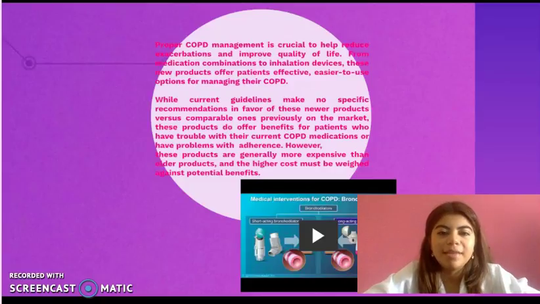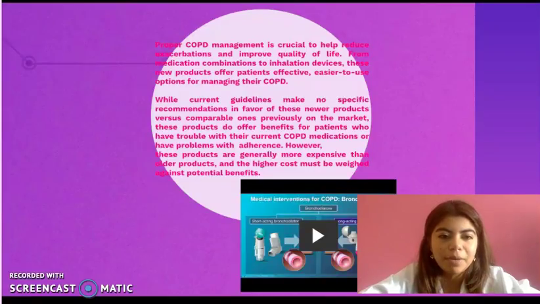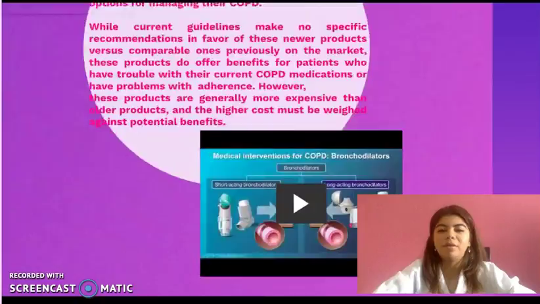While current guidelines make no specific recommendations in favor of these new products versus comparable ones previously on the market, these products do offer benefits for patients who have trouble with their current COPD medications or have problems with adherence. However, these products are generally more expensive than other products, and the higher cost must be weighed against potential benefits.